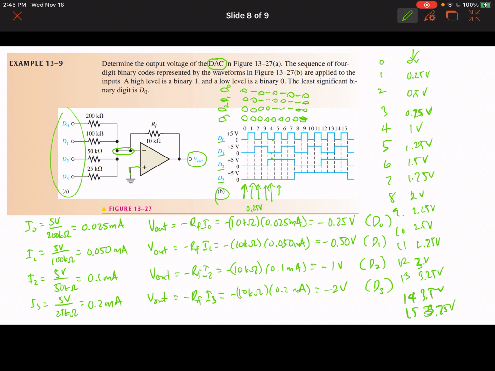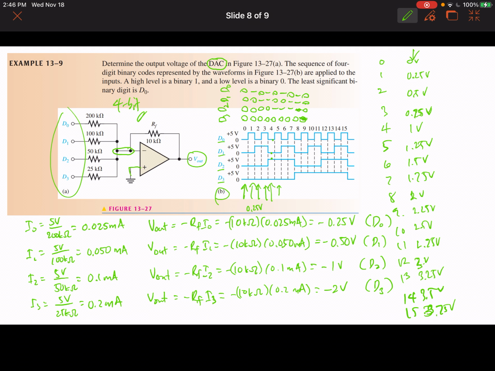Okay, so each of these is a bit. So we have a 4-bit signal. So this is the 1st bit, this is the 2nd bit, this is the third bit, and this is the 4th bit. So we have a 4-bit, so to speak, computer here, because it has 4 inputs.